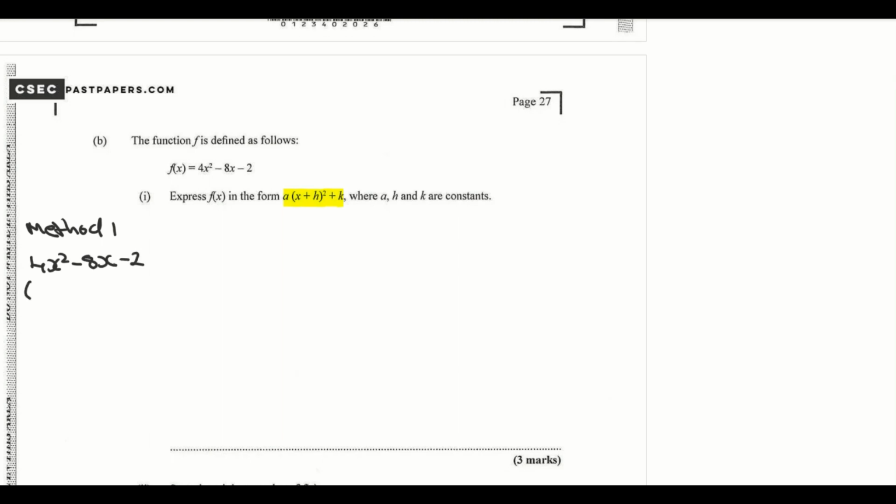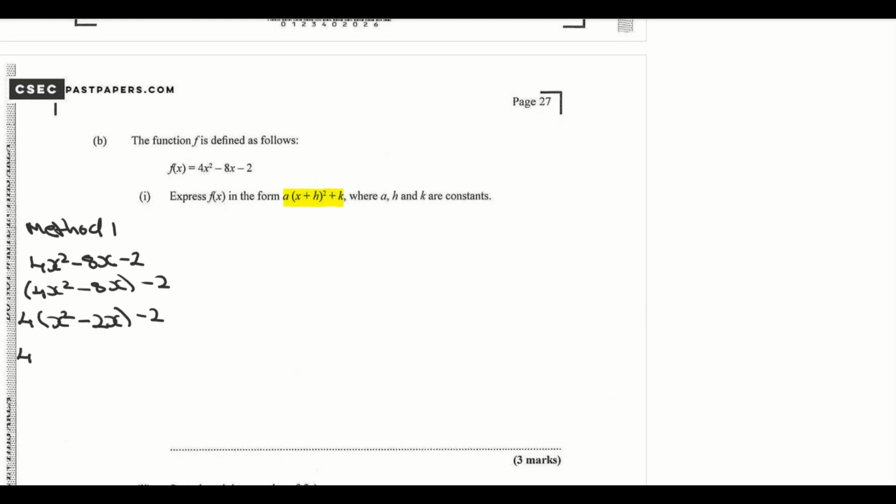Right, you group your variables. That's 4x squared minus 8x minus 2. Then you factorize out the coefficient of x squared, which is 4. 4 open bracket, 4 by what will give you the first term? 4 by x squared, and 4 by what will give you minus 8x will be minus 2x. Close bracket, minus 2.